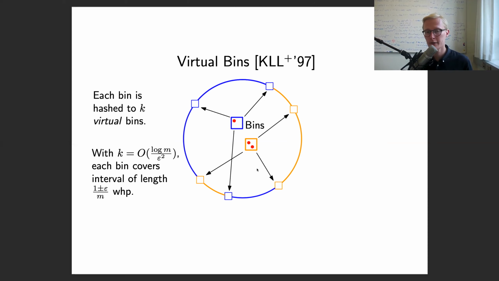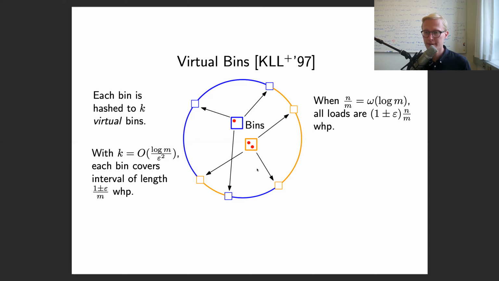To be more specific, if we used log M by epsilon squared virtual bins per bin, then with high probability, each bin would cover an interval of length 1 plus epsilon times the average. So this solves the issue of having a non-uniform bin cover using standard consistent hashing.